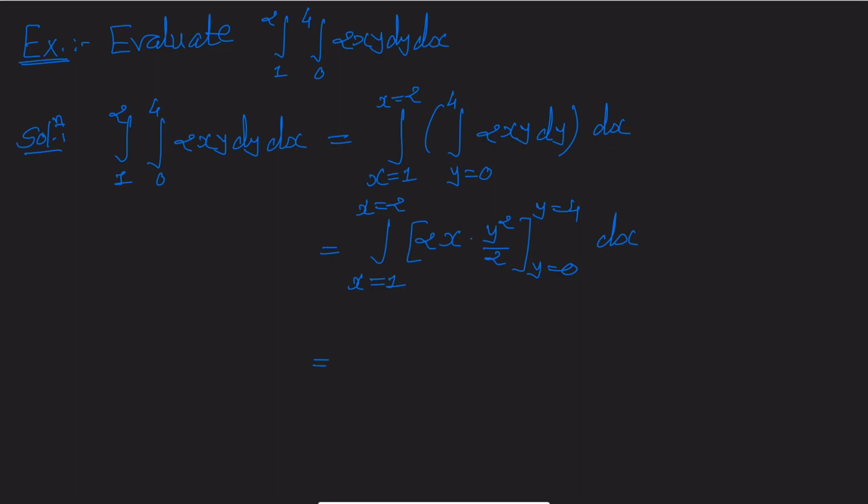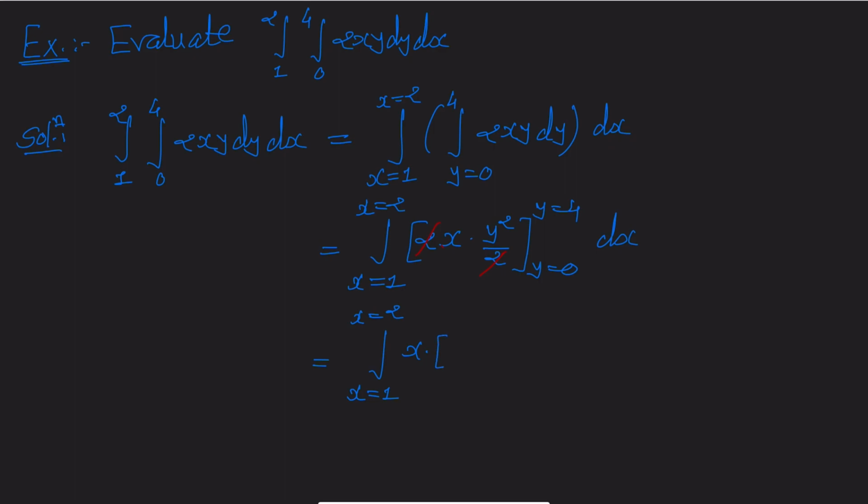So this is equal to the integration from x is equal to 1 to 2 of 2x, and here you can cancel out 2 and 2. So let me write only x multiplied by y square.